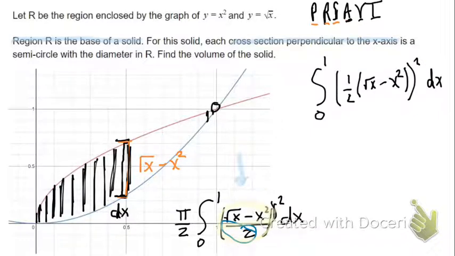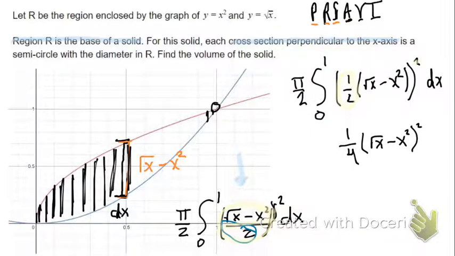And I've still got my pi over 2 out front, right? And what I realize is when I square this stuff inside, that 1/2 is going to get squared also. So that's going to become a quarter, and then I'm still going to have this stuff, but only that's squared now, because I already squared the other part.